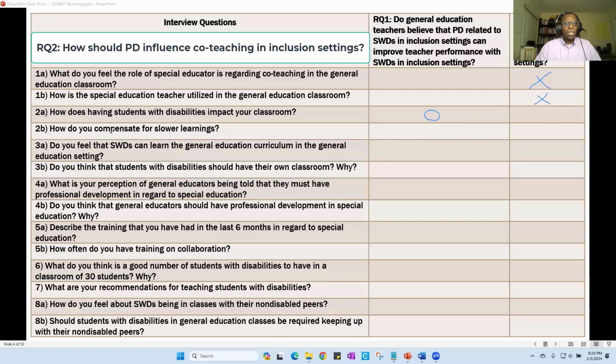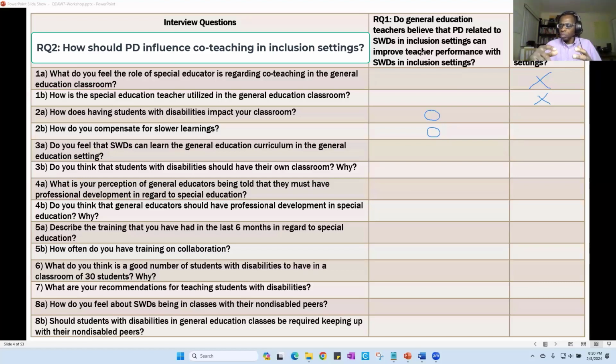How do you compensate for slower learners? This is probably going to be something that's more under research question 1. Do general education teachers believe that professional development related to students with disabilities? It doesn't deal specifically with the research question, but it may be a way to get through the back door. In other words, what is your perception about slow learners?